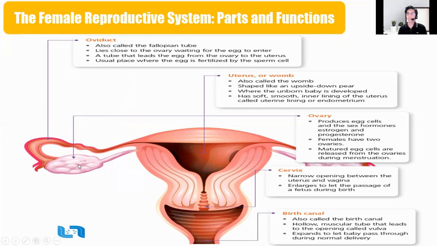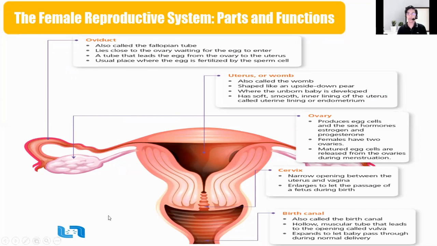Ovary produces egg cells and the sex hormones estrogen and progesterone. Females have two ovaries. Matured egg cells are released from the ovaries during menstruation, and the release of an egg cell is known as ovulation.